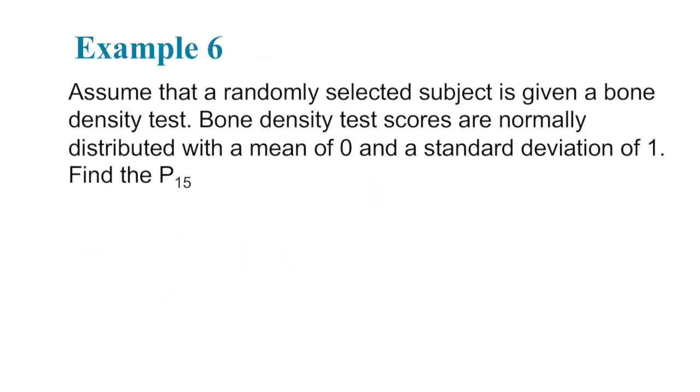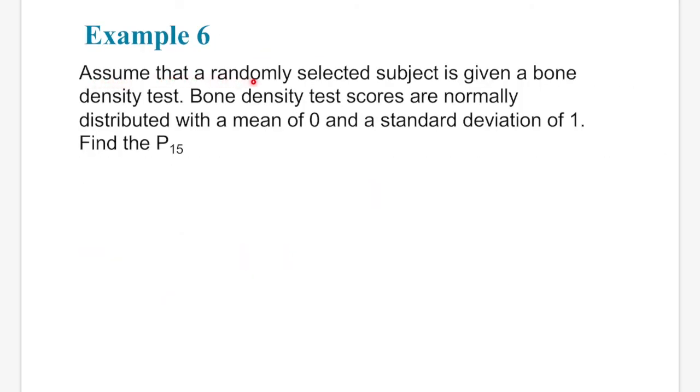Example 6. Assume that a randomly selected subject is given a bone density test. Bone density test scores are normally distributed with mean 0 and standard deviation of 1. Find P15. P15 means 15th percentile, which means you want to find the number with 15% below and 85% above.